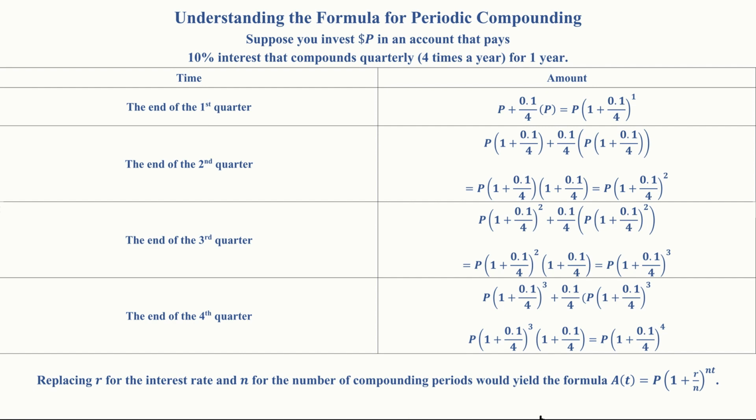The amount that you're going to have at the end of t years is your initial amount P times 1 plus r over n, that's like our 0.1 over 4, to the power of nt. Where n is the number of periods of compounding. Here we had 4, but let's say you have more than 4 or less than 4. It doesn't matter. You would use the number there and multiply it by the number of years. And that's where the formula, called the formula for periodic compounding, comes from.